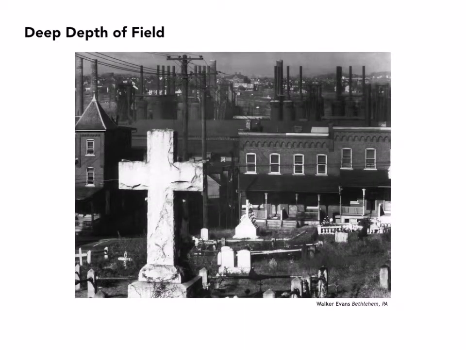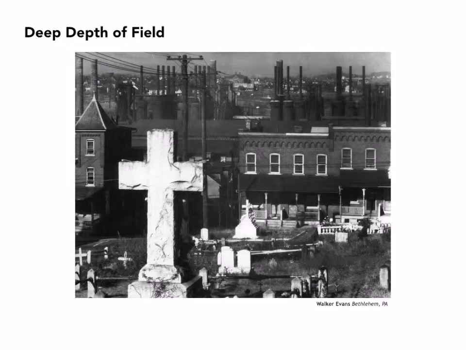We were just looking at an image by Stephen Shore. His closest photographic ancestor is Walker Evans, and Evans was also known for working with large cameras, in this case a 4x5, with considerable depth of field.